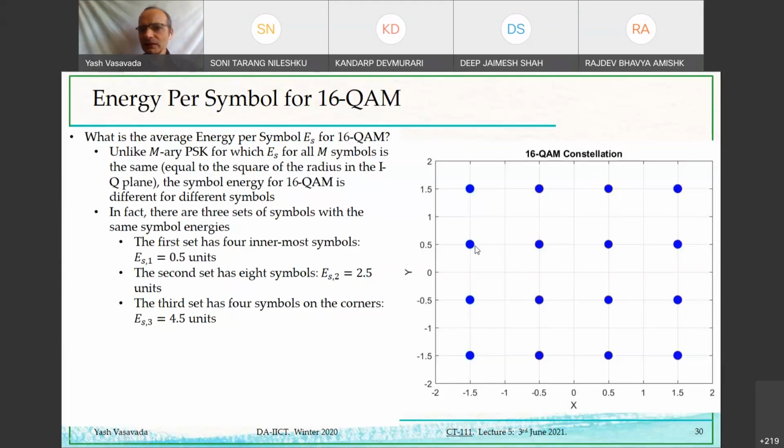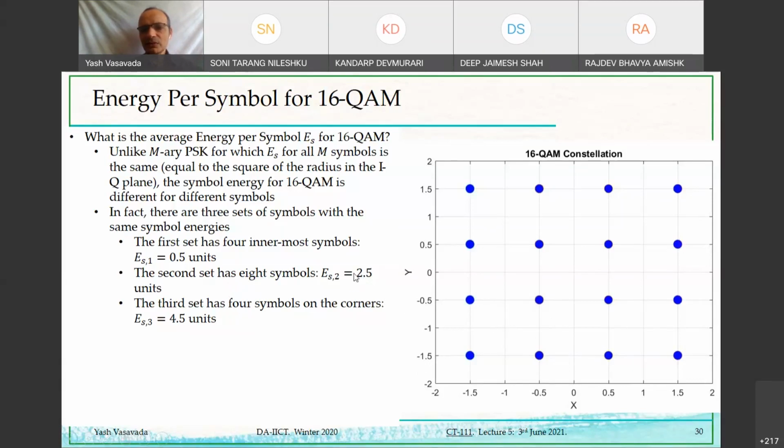Then if you look at these symbols where my cursor is, this one, this, and this, there are a total of 8 symbols which are on a circle. And the squared radius of that circle, you can just use Pythagoras theorem and you will figure out that it is going to be 2.5 units. 0.5 squared gives you 0.25, and then the other coordinate is 1.5, so if you square it, you get 2.25.